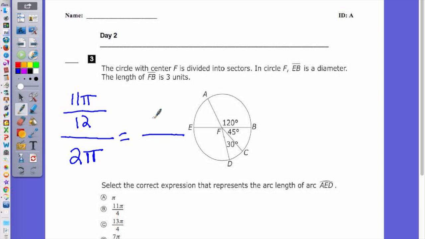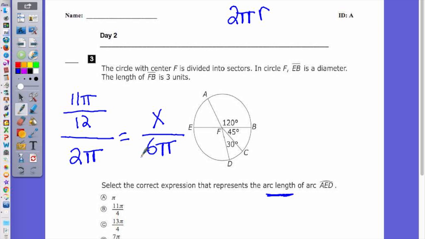Now I want to find the section that represents the arc length, and arc length means I'm using the circumference. So they told me that F to B is 3 units. Remember, circumference is 2 pi r. So the radius is 3, times 2 is 6 pi.